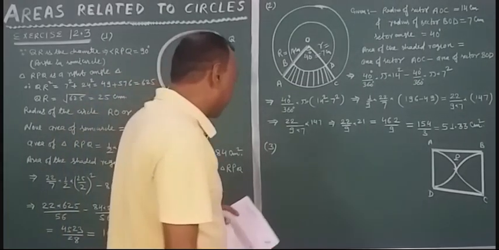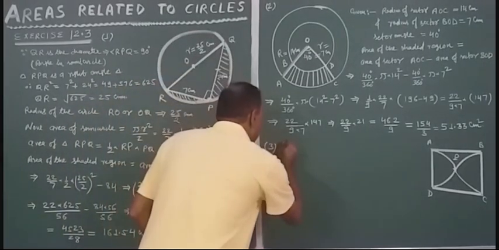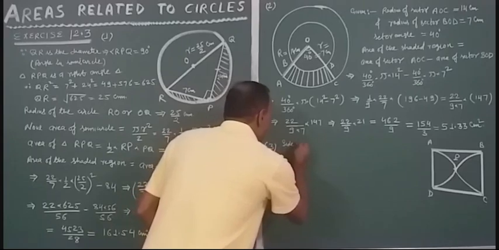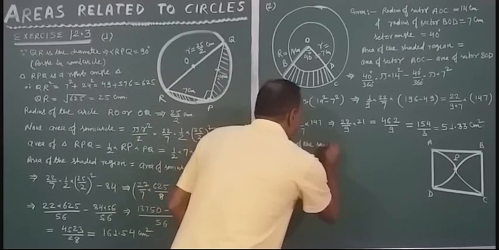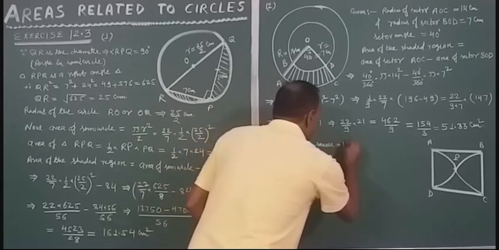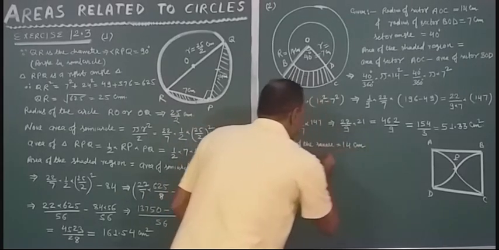The side of the square is given how much? Side of the square is given 14 centimeter.